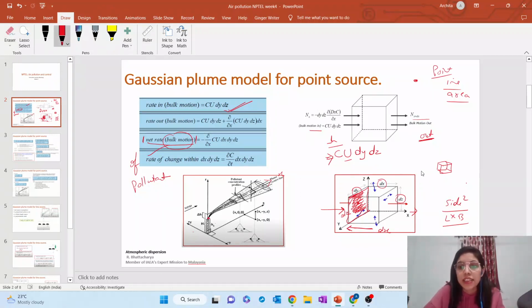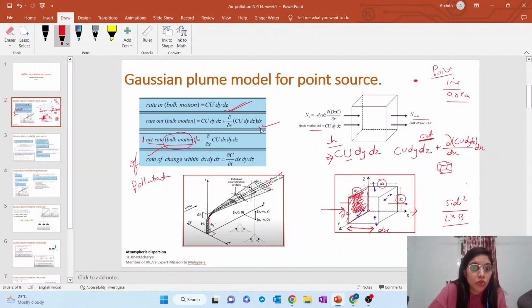So this will be the same. Now on this emission that is coming, there will be a component dx, which is the displacement along the x direction. So we write change in concentration, which is cu dy dz, due to displacement in direction of dx, and that will be this, which is out.